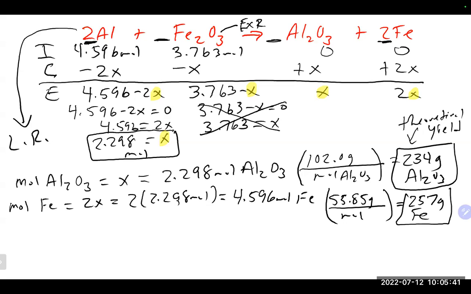The other really nice thing about this is if I want to know how much of my excess reagent was left over, that would be this guy, right? That's my excess reagent.